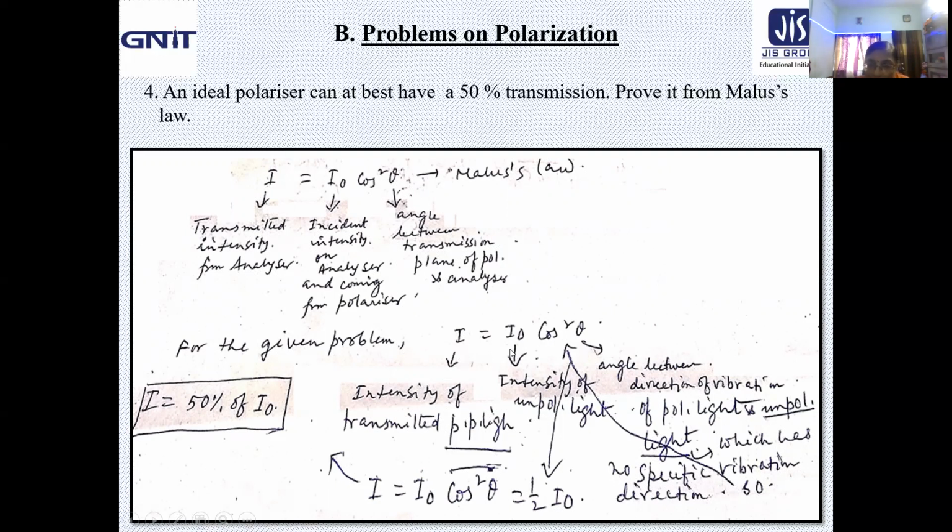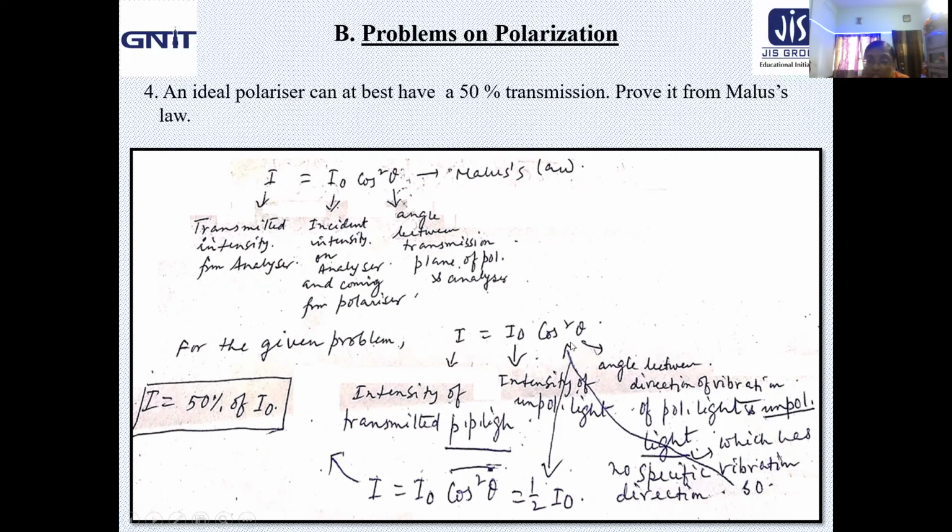What about I0 here? Intensity of unpolarized light, because you are starting with unpolarized light that is passing through the polarizer to give you the intensity of transmitted plane polarized light. Clear? Naturally, what will be theta? This time theta will be the angle between the direction of vibration of plane polarized light and unpolarized light, which has no specific direction.